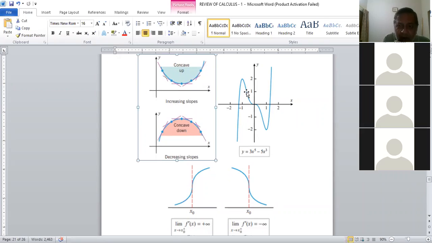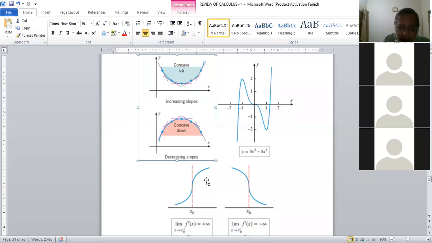So you can have a point here where the concavity is changing from downward to become upward. So that's an inflection point. Here concavity is upward, here the concavity is downward, and concavity is changing at this point, so it's an inflection point. This inflection point, the derivative is zero.